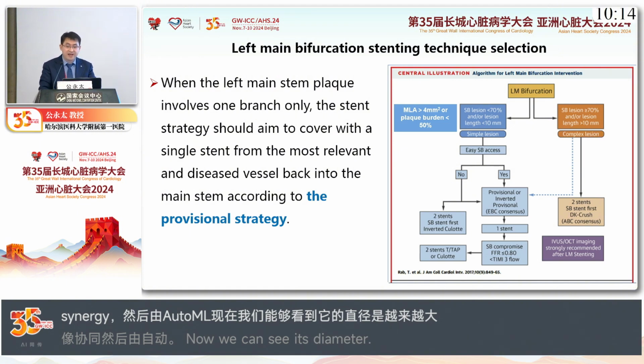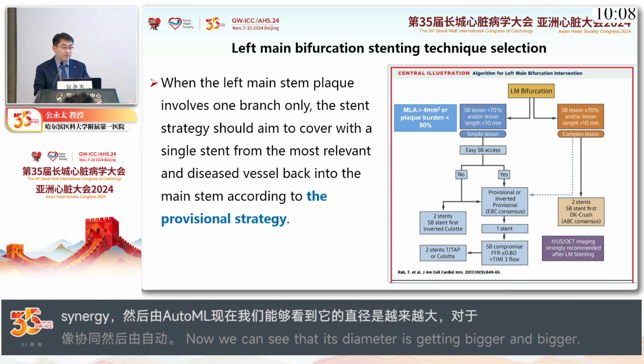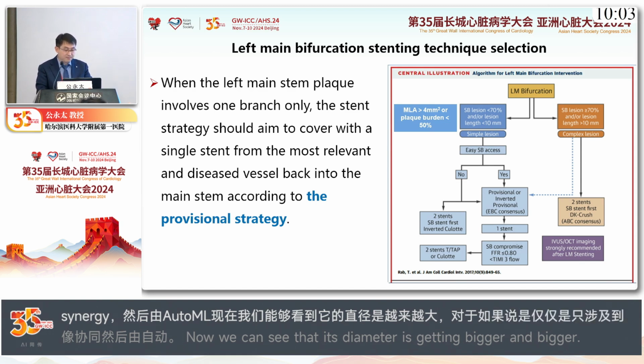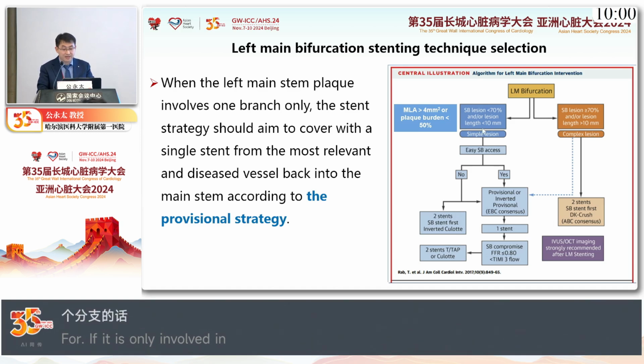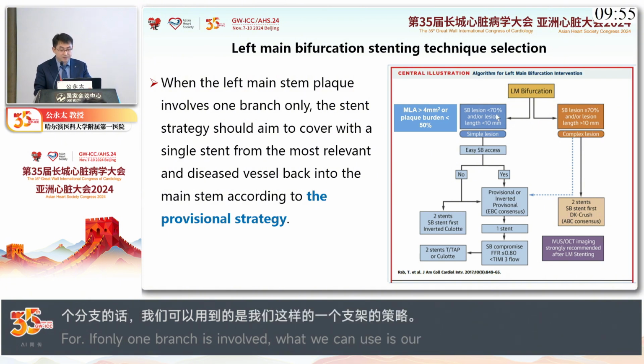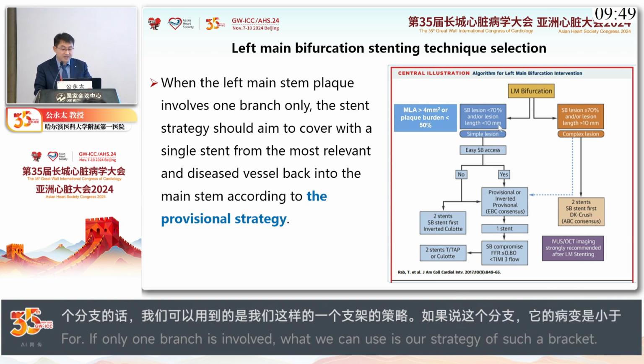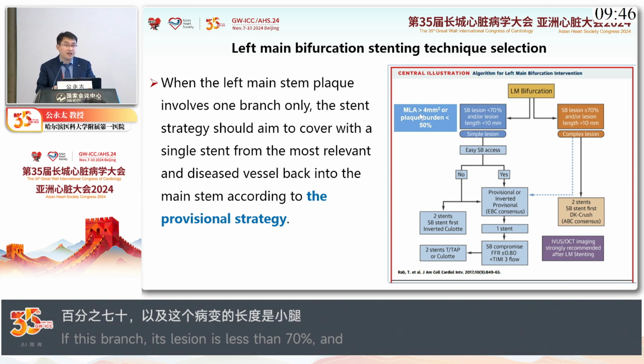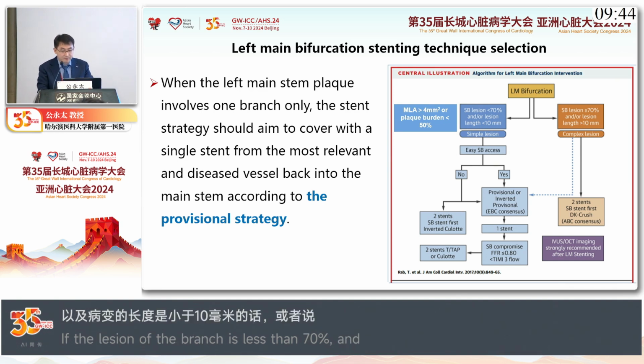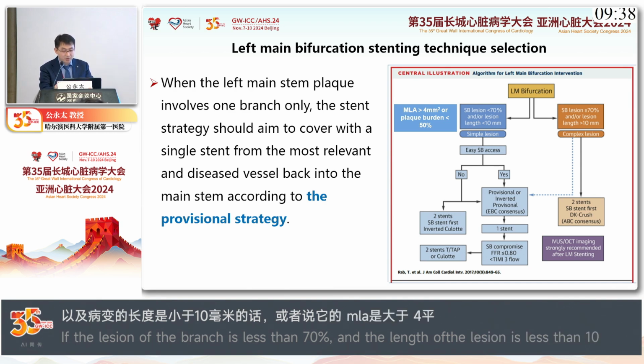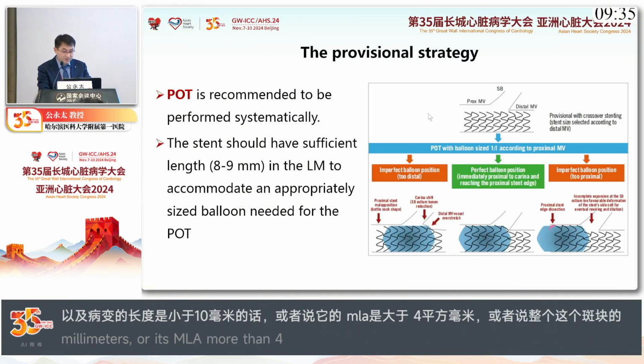For the stenting technique selection, when the left main plaque involves one branch only, the provisional strategy may be recommended. For example, the side branch lesion is less than 70% stenosis, and the length is no more than 10 millimeters, or the minimum lumen area is bigger than 4 square millimeters, or the plaque burden is less than 50%.